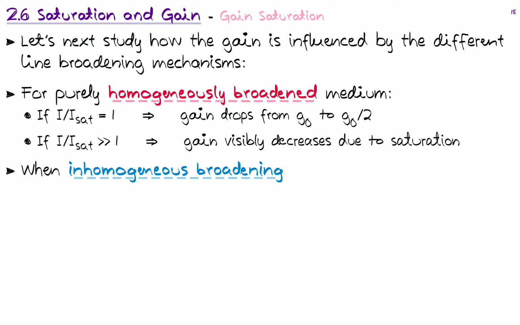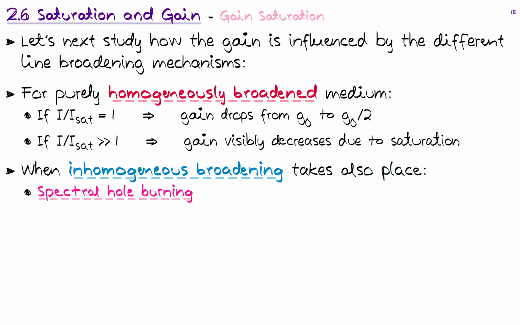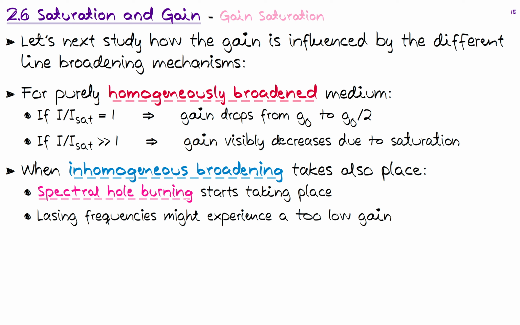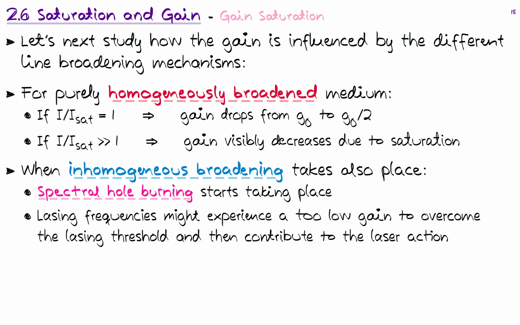And importantly, when we have inhomogeneous broadening, we have a similar phenomenon as in the case of absorption: spectral hole burning starts to take place. And this is very often the case when we are dealing with gain media. Most of the time we really have inhomogeneous broadening, and this really affects how lasers behave. Lasing frequencies might experience too low a gain to overcome the lasing threshold and contribute to the lasing action within that narrow frequency interval.